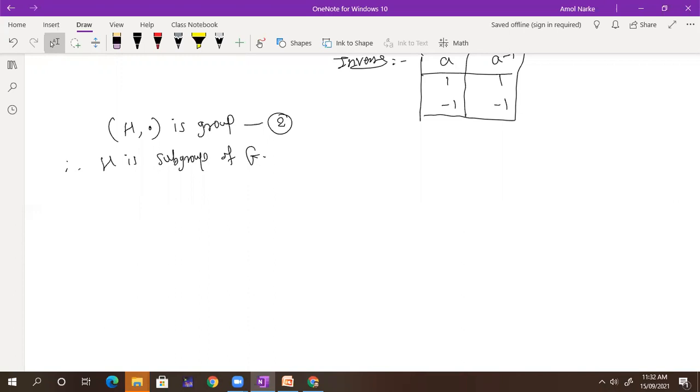Any other example? Do you realize? Can someone tell me? Third example: Z5 with plus is a subgroup of Z with plus. Yes or no? What do you think?